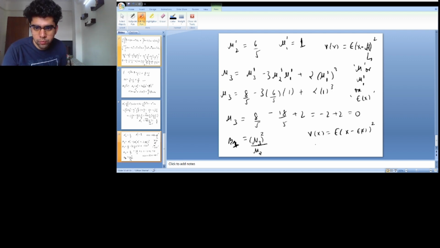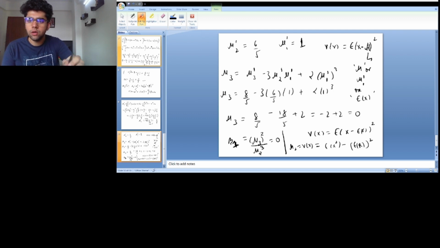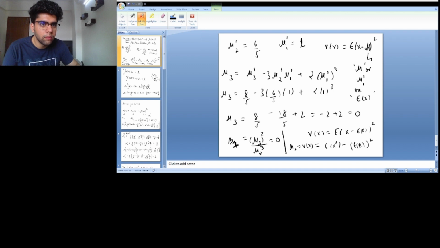If you open this up, you will be getting mu2 or variance of x. Now this was whole cube. This is 0, so ultimately what we will be getting is 0, right? Because the numerator is 0. Wait, let me just check the denominator. This might help in computing beta 2.